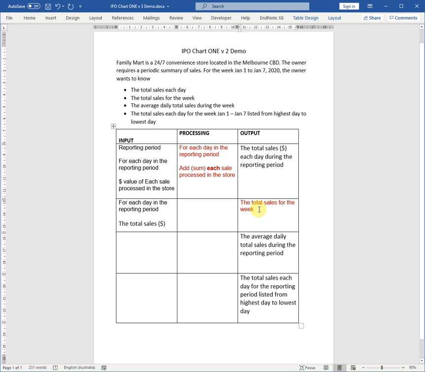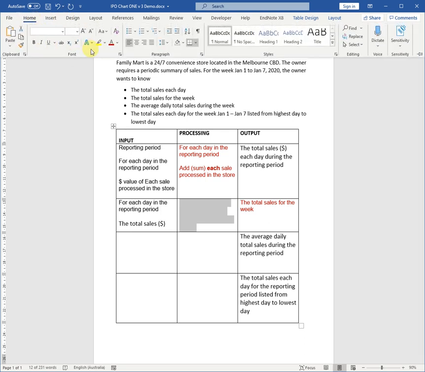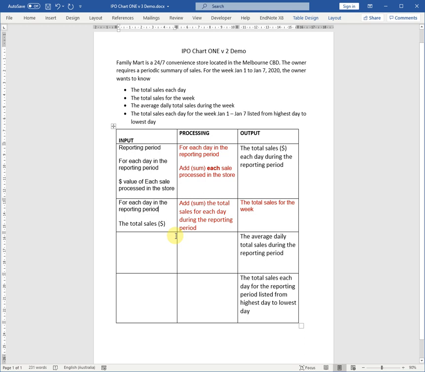Total sales for the week. So total sales for the week will imply, let's have a look here, so you can see it while I'm discussing it with you. Okay. You add the total sales for each day during the reported period. So every day gives you the total for the week.